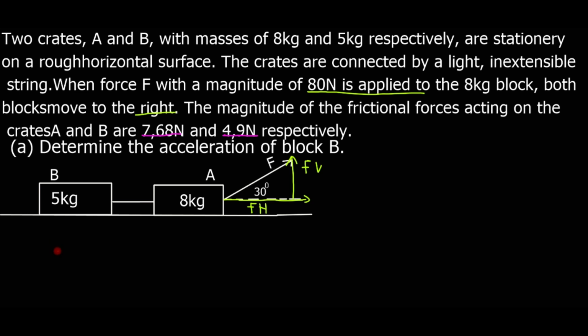Let's start with the 5 kg first. We have a weight which is downwards, and then a normal force, and then tension. Remember we divide into two, and then friction, because we're feeling friction.